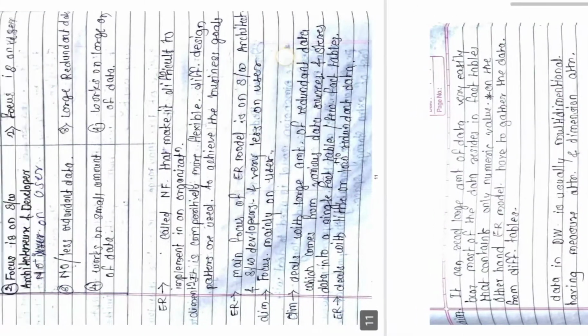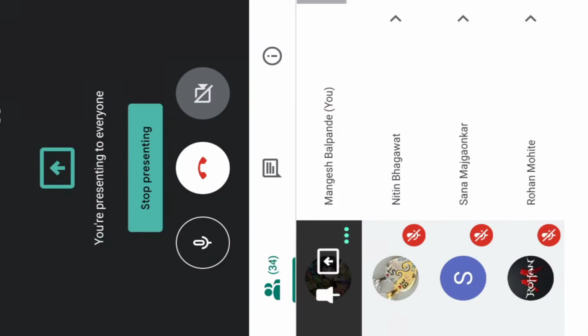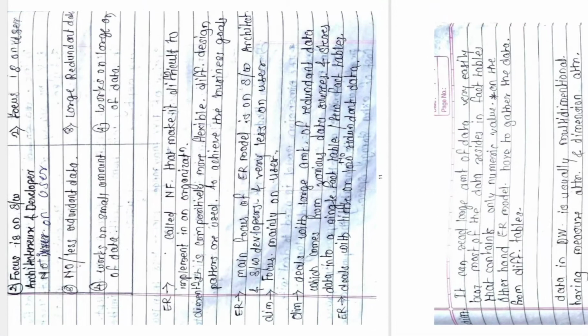So whatever I have just elaborated, those have been written in terms of points. You can see here, the ER model is not flexible because it makes it difficult to implement for an organization, right? Whereas dimensional modeling is more flexible because different design patterns can be used to achieve the business goals, right?